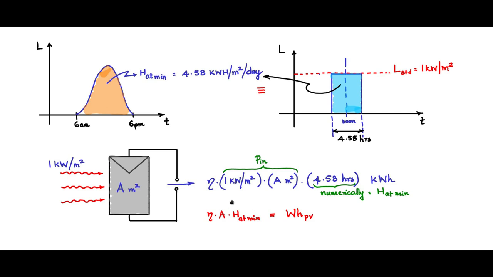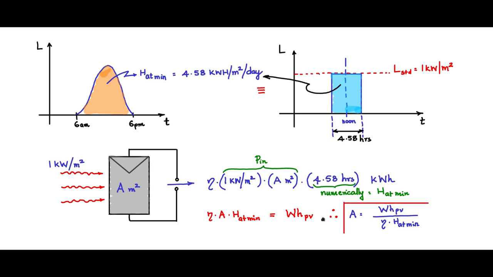What should this be equal to? The output of the photovoltaic panel set should be able to supply the load requirement, which we had set as WHPV, coming from the application side. So therefore the area of the panel that we should actually buy and install is WHPV, the load requirement, by the efficiency of the panel into HAT minimum.